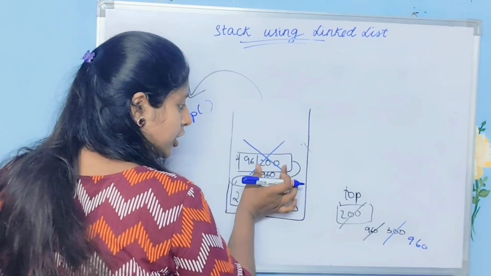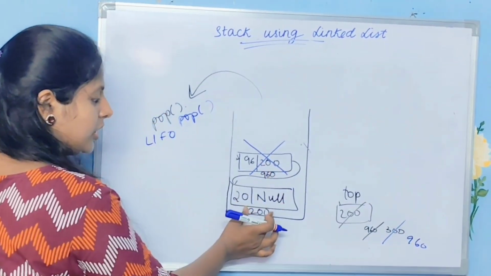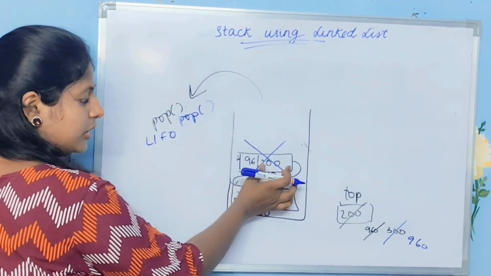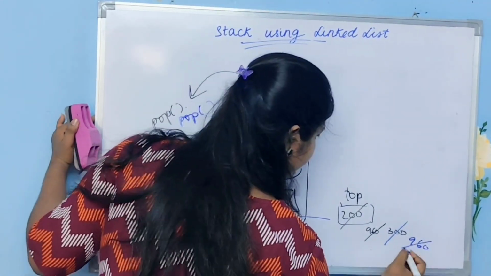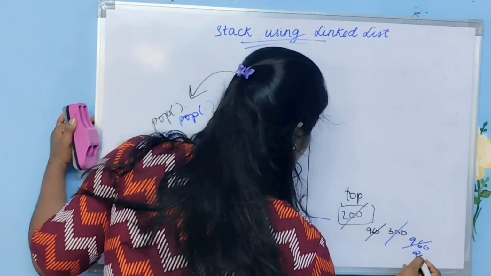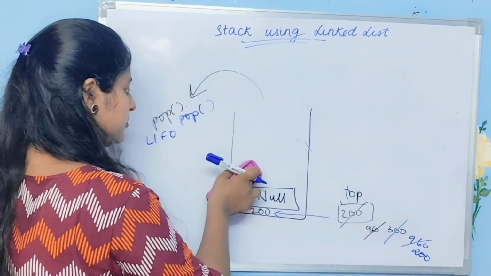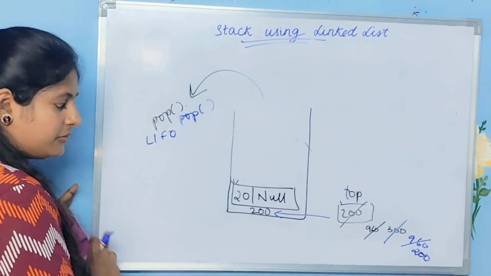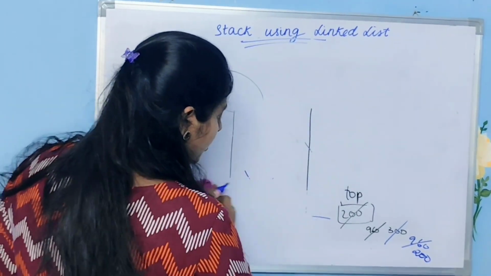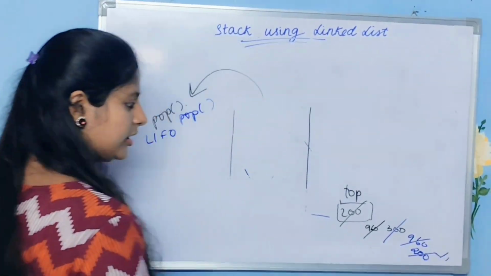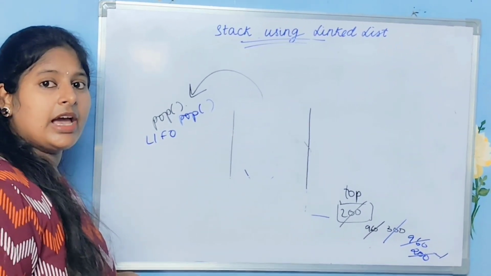What is my next pointer? 200. Where is 200? Over here. So my top will be pointing to 200. After this, I try to delete this element. Now my top does not point to any element. It becomes -1. So this is how you pop elements from the stack using linked list.